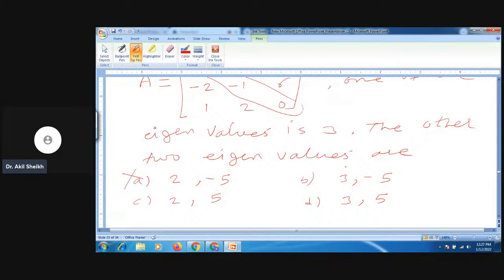No. 3 minus 5, we get here minus 2. This is the correct option. Other options are not possible. So this is the answer. So these are some examples on eigenvalues and eigenvectors which have been asked in previous GATE examinations.